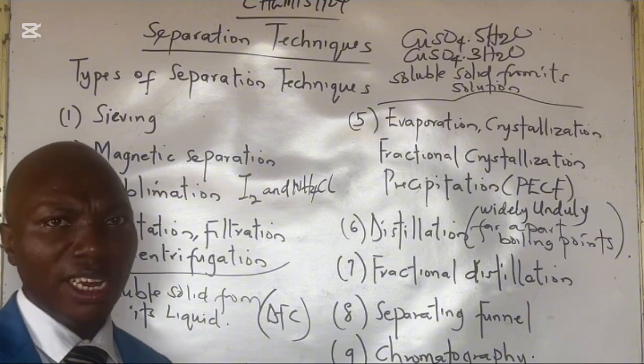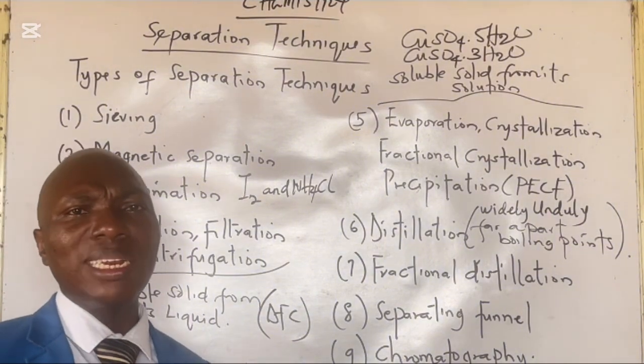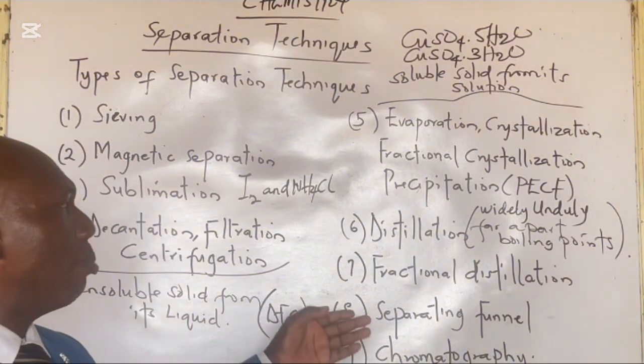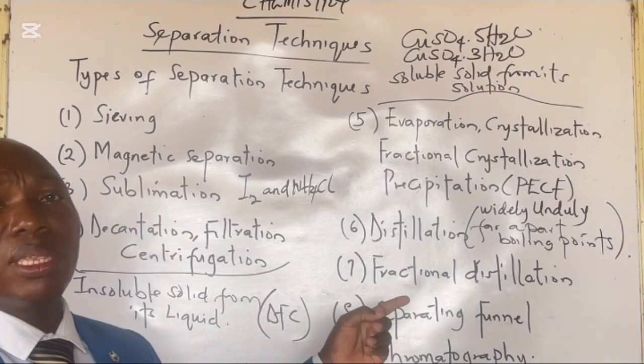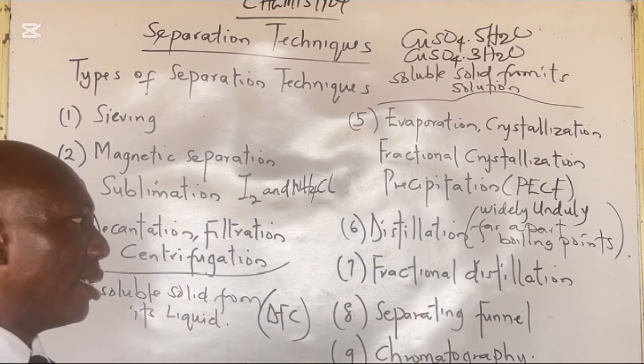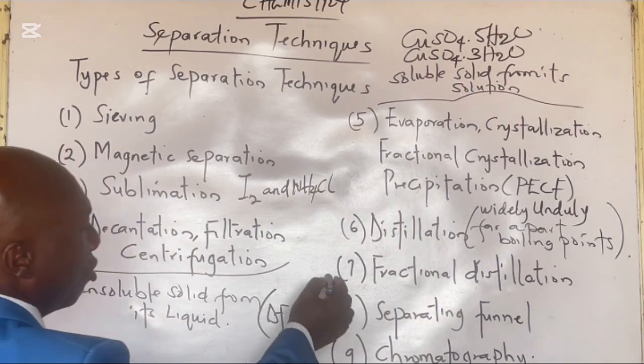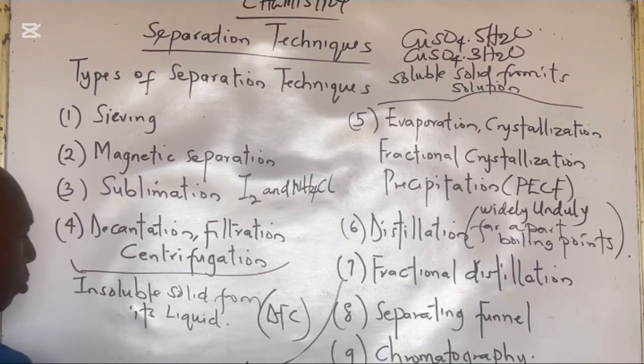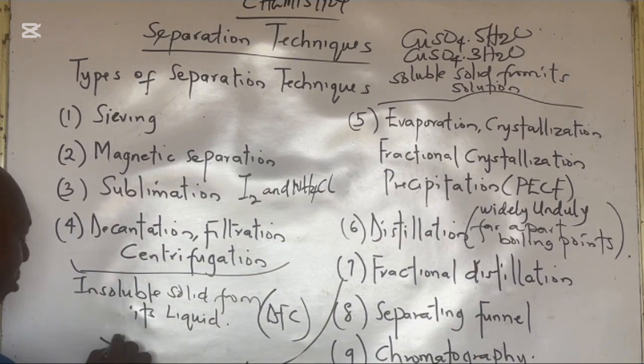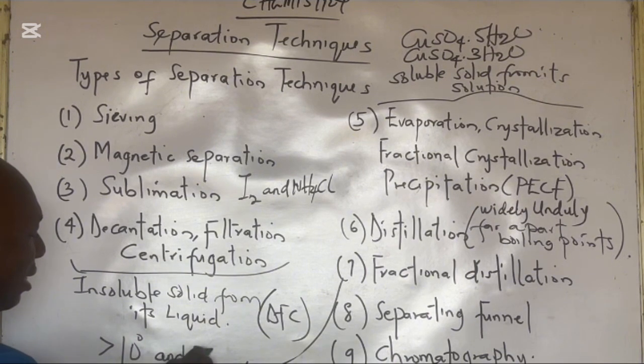We also have fractional distillation. Fractional distillation is also used to separate miscible liquids, that is liquids whose boiling points differ by temperatures of greater than 10 degrees and less than 30 degrees.